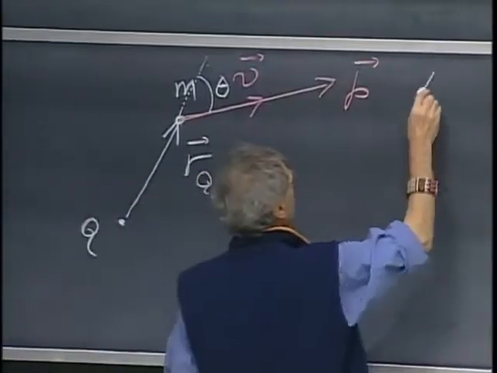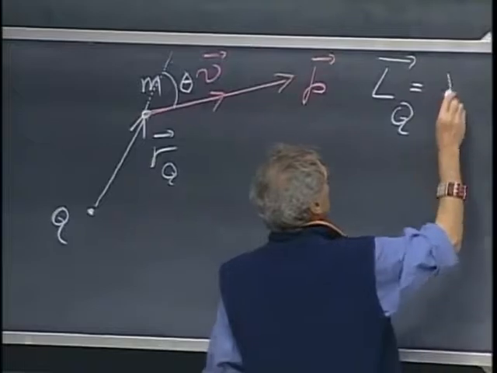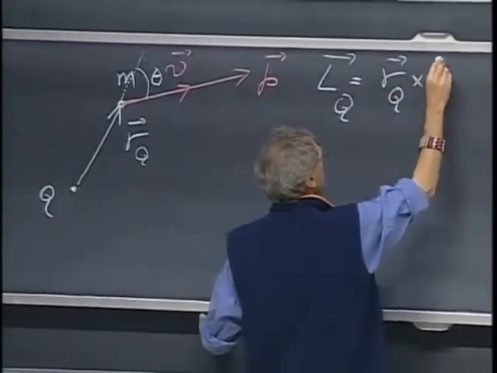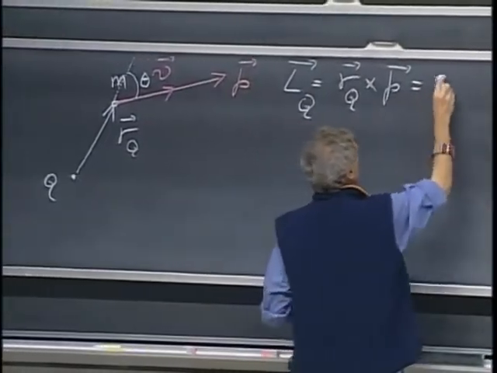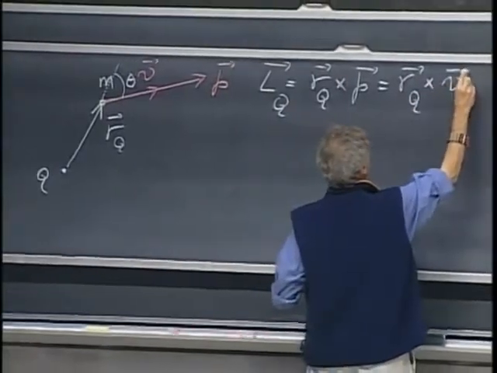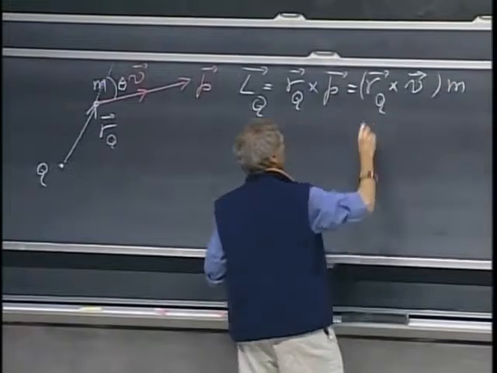An angular momentum relative to that point Q, it's a vector, is the position vector relative to that point Q cross p. So it is r_Q cross v and then times m.